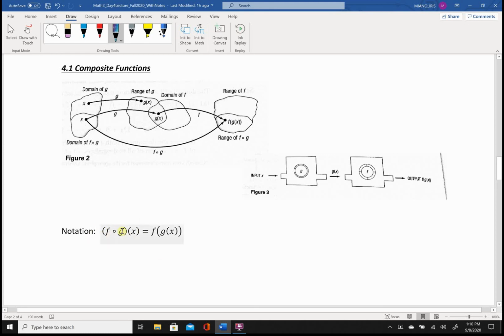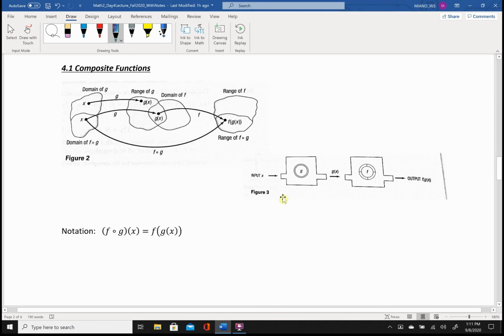You can call it that. f circle g of x means that g is composed inside of f. If it was g circle f, you know, that little open dot acting as an O as far as the verbal representation of it, then it would be g open dot f. And in that case, you would have your input value go into the f function first, then the output of that go into the g. So it'd be f-ing it first and then g-ing it.